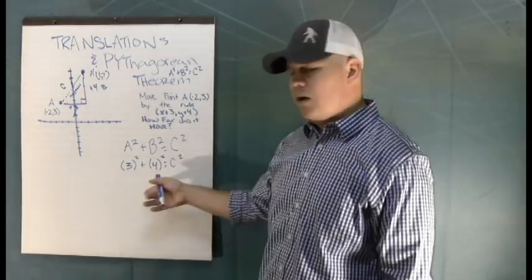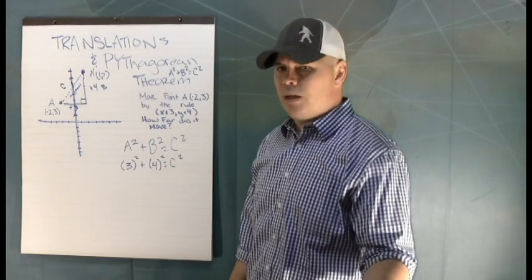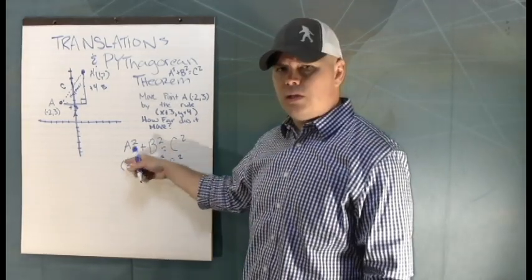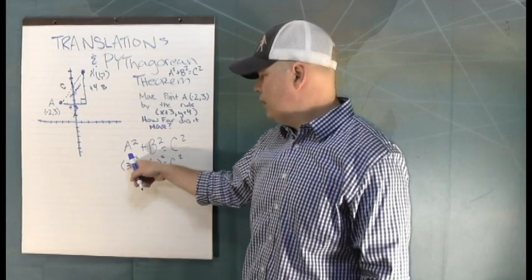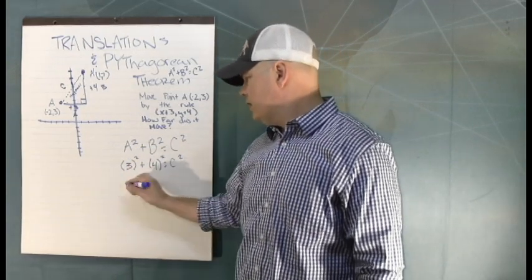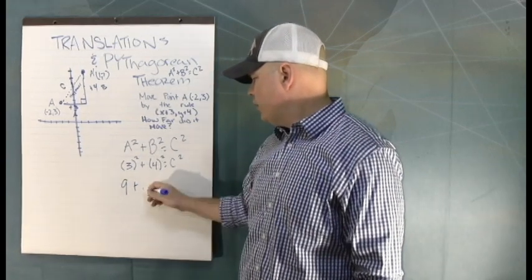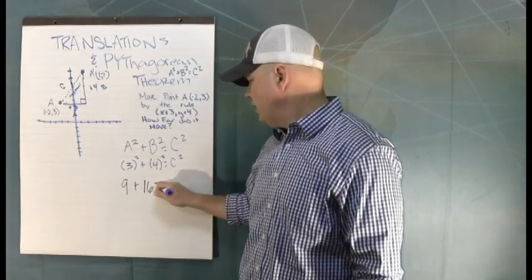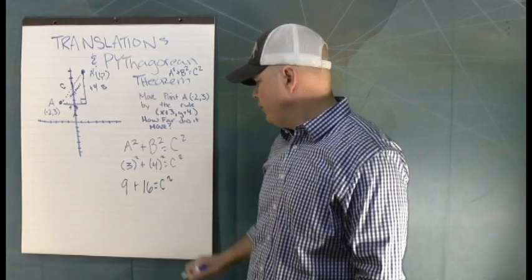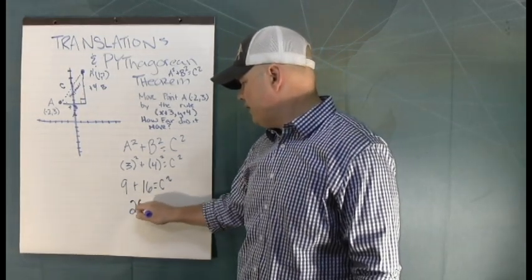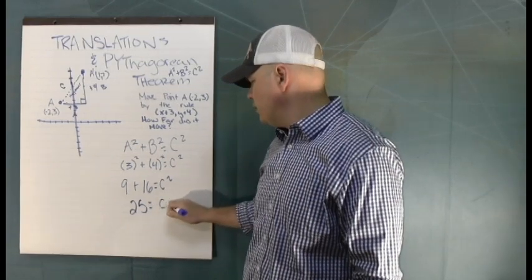But now I can solve for it because it's my only variable remaining. So from here, I'm going to go 3 times 3, because that's what 3 squared means. You're taking whatever number times itself twice. So 3 times 3 is 9, plus 4 times 4 is 16, and that's going to equal C squared. Then I'm going to go 9 plus 16 is 25, and that equals C squared.